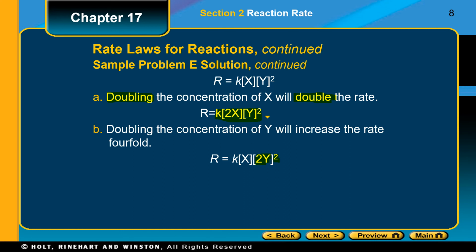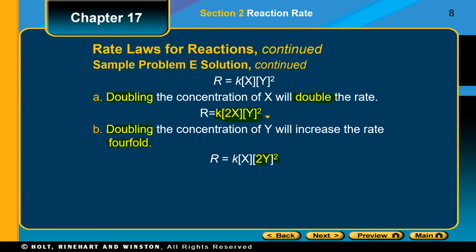And compared to this one, that's 4 times as much. So in this one, doubling the concentration of Y will increase the rate by 4. This will be 4 times as much. So the rate is now 4 times faster by doubling the concentration of Y.